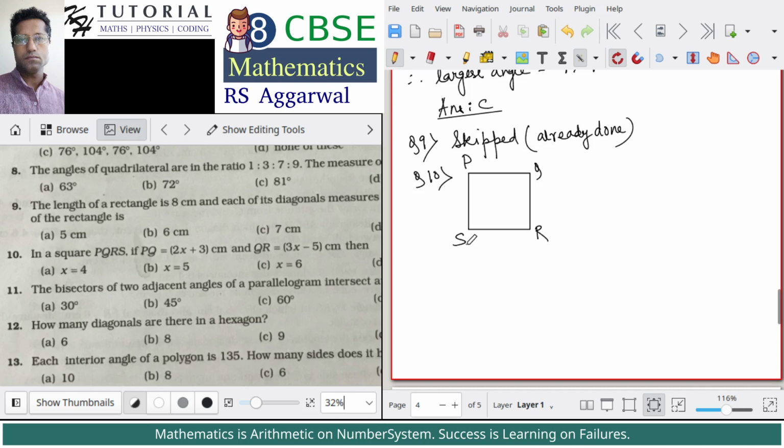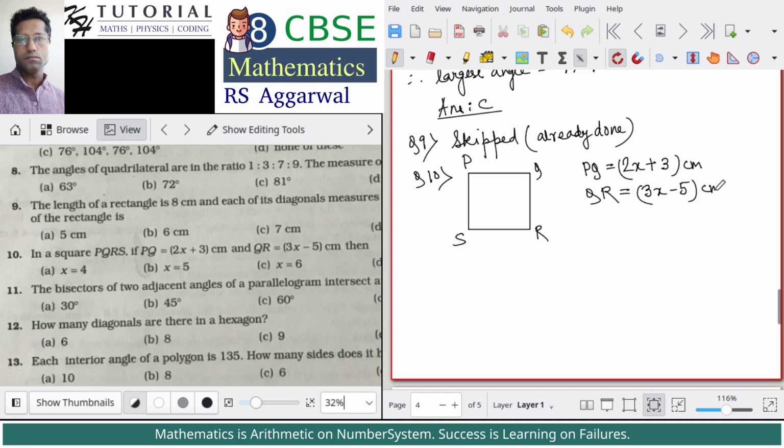And it is given that PQ is 2x plus 3 centimeter, and QR is given to be 3x minus 5 centimeter.